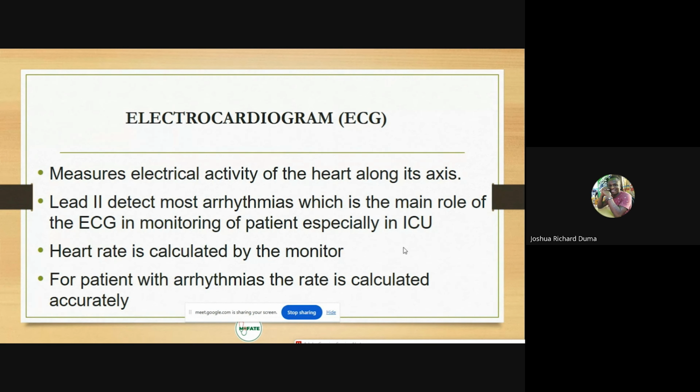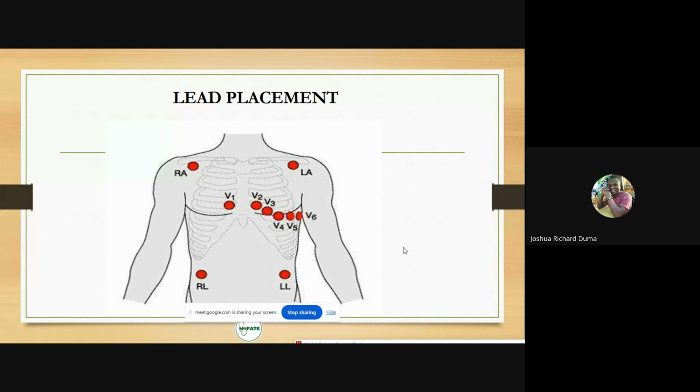In monitoring a critically ill patient through ECG, we first place the electrodes. The red dotted parts are the electrodes. ECG is like cameras. It pictures the heart from different angles. So through picturing the heart in different angles, it's very easy to detect what is wrong in a particular part of the heart.